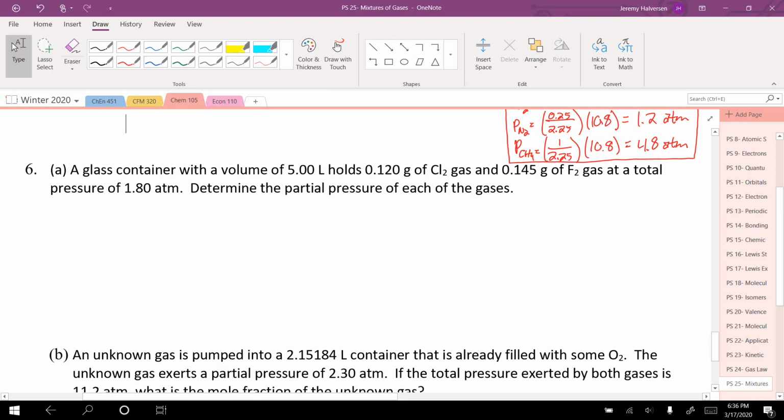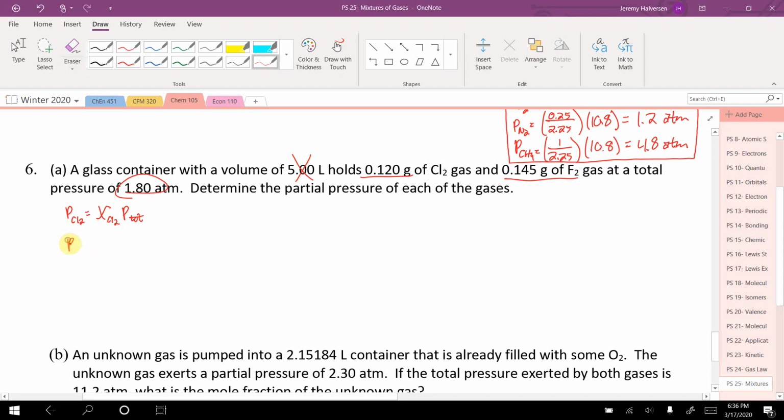Well, we know the partial pressure of chlorine is going to be the mole fraction of chlorine times the total pressure. I'm trying to find this. I know the total pressure, it's given. Do I know the mole fraction? Sure. I could find the moles of chlorine from that, and I could find the total moles. That's my mole fraction. And I don't even need this 5 liters, doesn't matter.